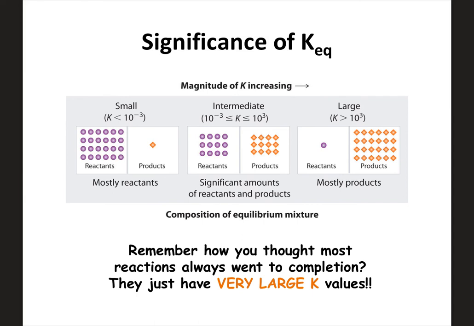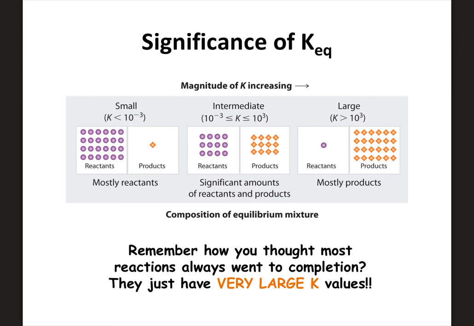Remember how we talked about here that we just wrote reactions and we showed the forward arrow and we just assumed every reaction went to completion? Well, the reason it seemed that way is because these reactions just had very large K values. They're products over reactants. There were definitely more products formed than you had reactants. So it seemed like the reaction went to completion, but in theory, there were still probably some reactants there.